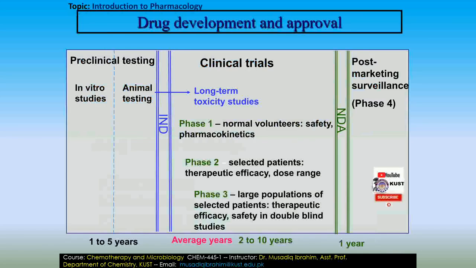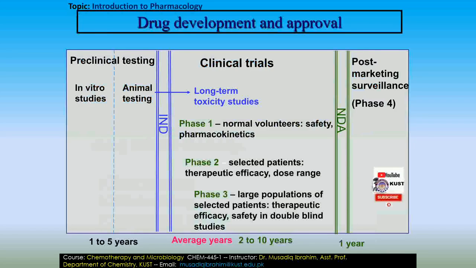And then you have the last phase, which is post marketing surveillance, phase 4, and that takes about 5 years.